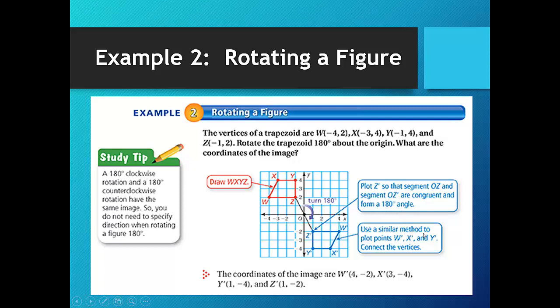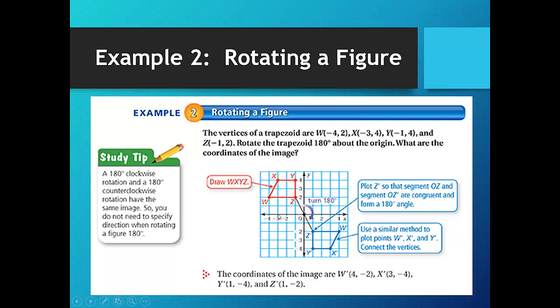Then we'll use a similar method to plot points W prime, X prime, and Y prime, and then we'll connect the vertices. You'll notice that Z is at -1, 2, and Z prime is at 1, -2. W is at -4, 2, and W prime is at 4, -2.